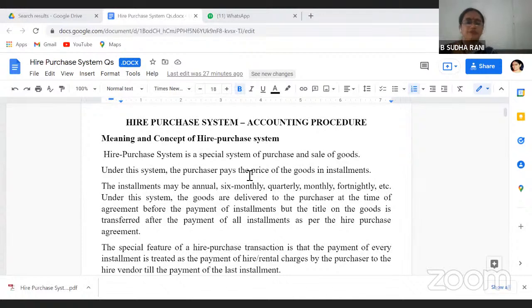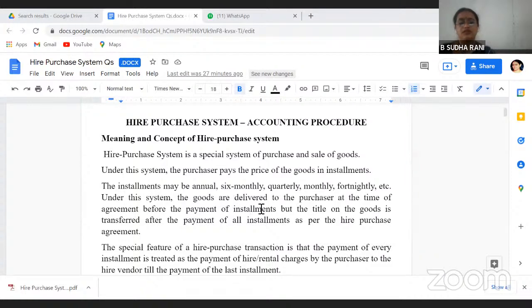Now let us see the further part of the hire purchase system. How does he pay the installments? He can pay the installments on annual basis, six months once, or quarterly, or monthly, or weekly, whatever is convenient, depending on the agreement between the hire purchaser and hire seller, the vendor.